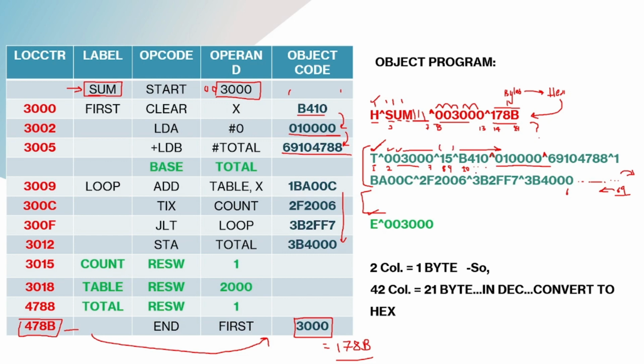How do we calculate that? You need to know that 2 columns take up 1 byte.